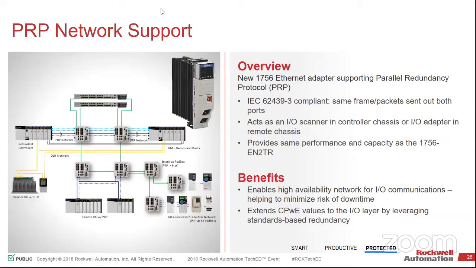So in addition to a self-healing ring in the PlantPAx environment, now we can move up to a parallel redundancy protocol architecture within PlantPAx. Basically, as Louis touched upon at the beginning of the session, we're running two networks out of the EN2T PRP card.